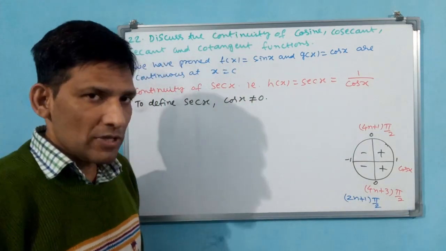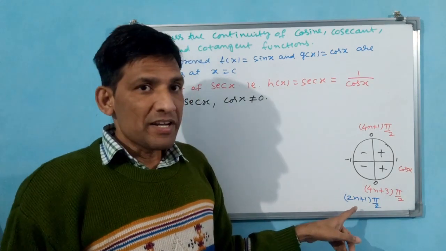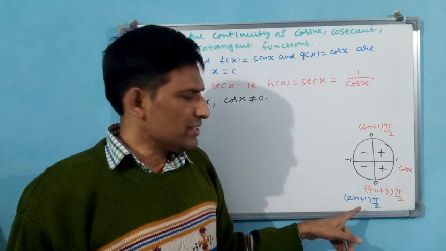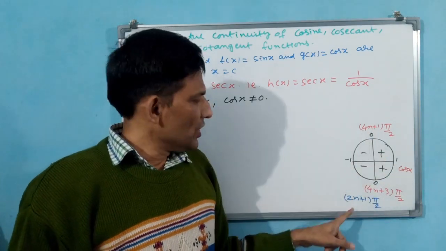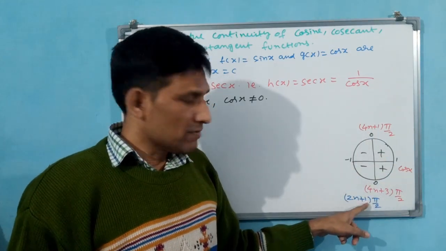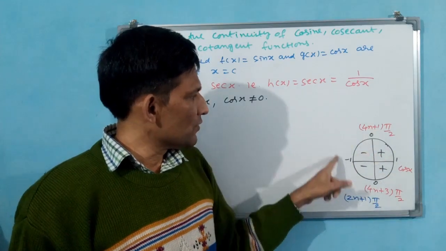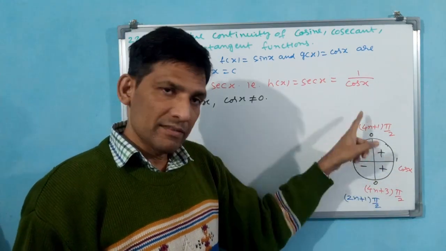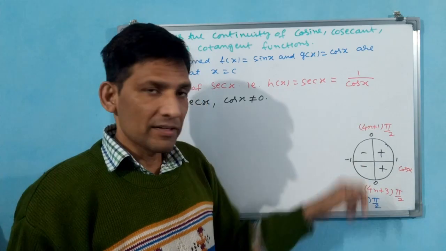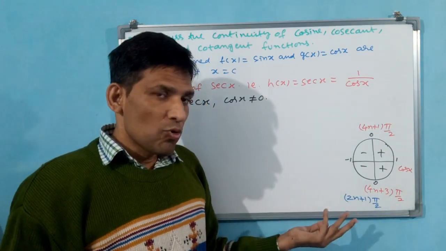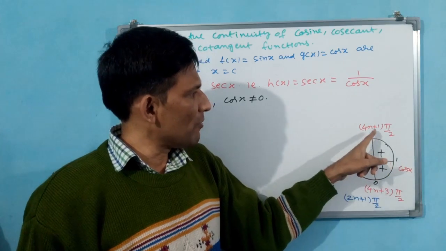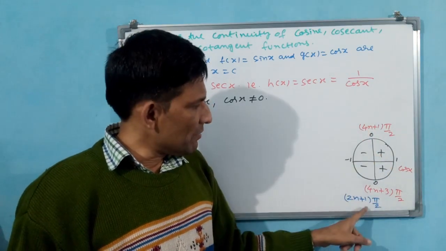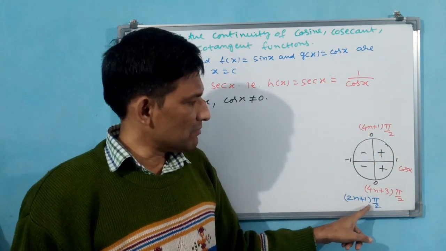Now we will see. If n is 0, any integer, n is 0 means 1 pi by 2. N is 1, 2 plus 1, 3 pi by 2. N is 2, 2 into 2, 4 plus 1, 5 pi by 2. N is 3, 6 plus 1, 7 pi by 2.